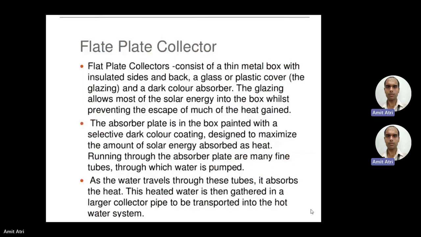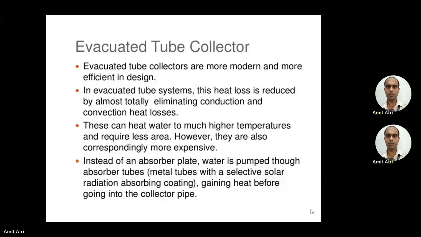Okay, so in this way, this collector is working: solar radiation from the top, now they are coming from transparent screen to black absorber plate. Now it is absorbing the heat from there. In the tube, the water is flowing and it is carrying away the heat and it is stored there.